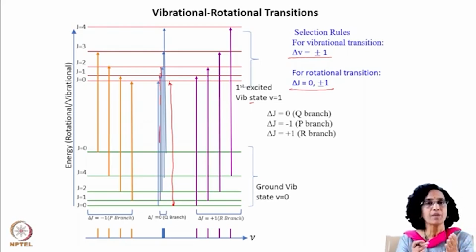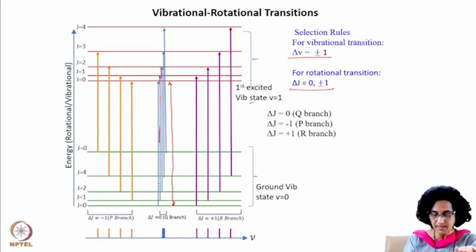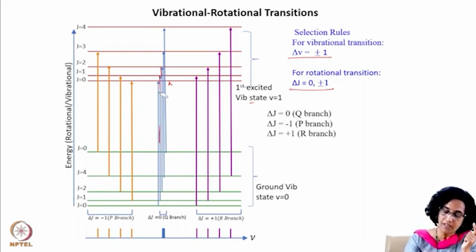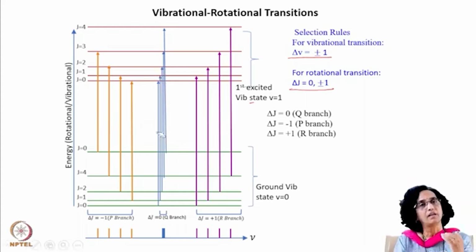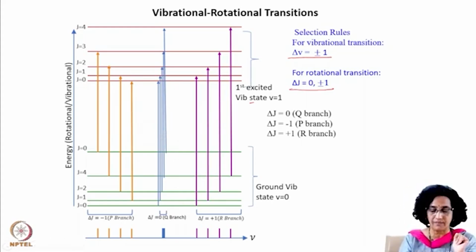Isn't it? Because as you can see, the energy difference is the same, but it does not happen like that. And why? We already know that these energy levels are slightly shifted because of the anharmonicity as well as centrifugal distortion in the rotational levels.